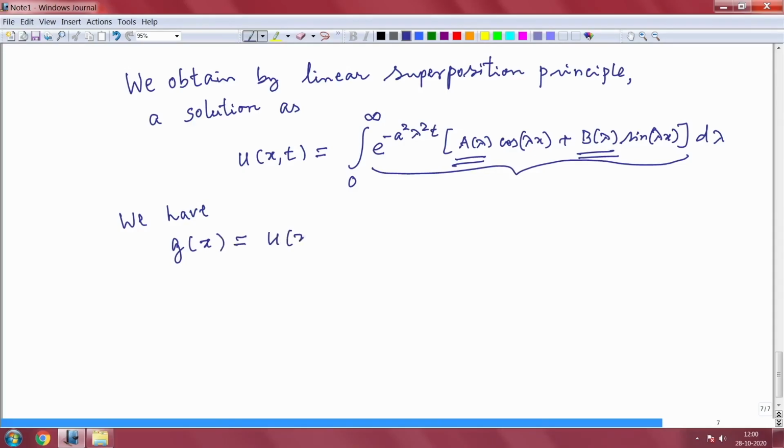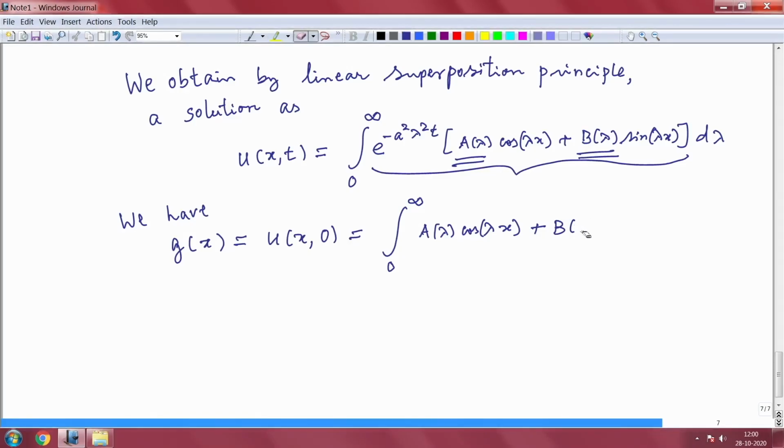This is the initial condition, and we formally substitute t equal to 0 in the integrand. Those of you who are familiar with the Fourier transform technique will recognize we are doing something similar, but without using that word.